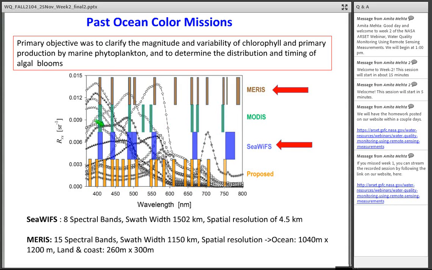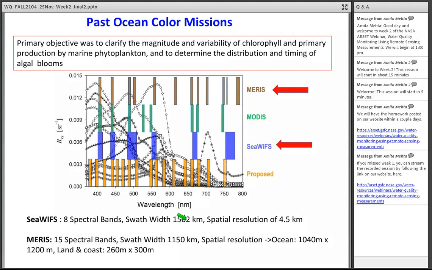So these bands in visible and near infrared are pretty much similar, and these missions, especially SeaWiFS and VIIRS, were designed to clarify the magnitude and variability of chlorophyll and primary production by phytoplankton in oceans, open oceans to start with, and then coastal oceans, and to see the timing of algal bloom based on that. So 8 spectral bands in SeaWiFS, and VIIRS has 15 spectral bands.